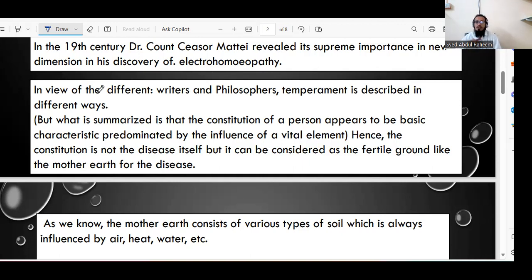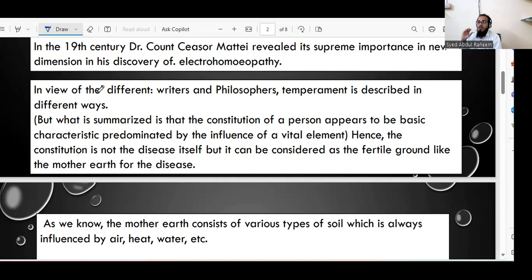Like, I'm a mixed temperament. I'm a sanguine dominance temperament person. I have lymphatic temperament also, but it is mild. But sanguine is more dominant in me. So what happens? Out of 100%, there is a chance of 80% matching persons around me. We match in dressing sense, in walking style, in talking style, in eating habits, but 20% is different.